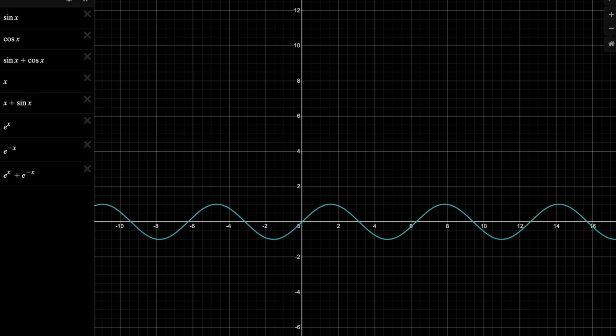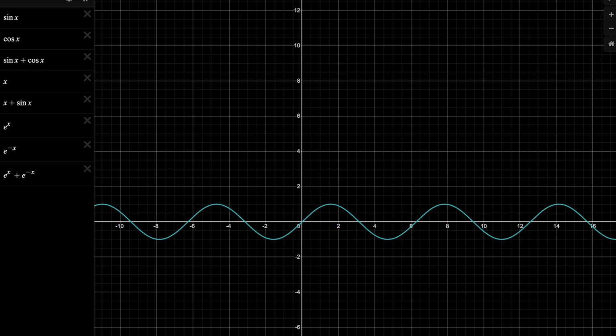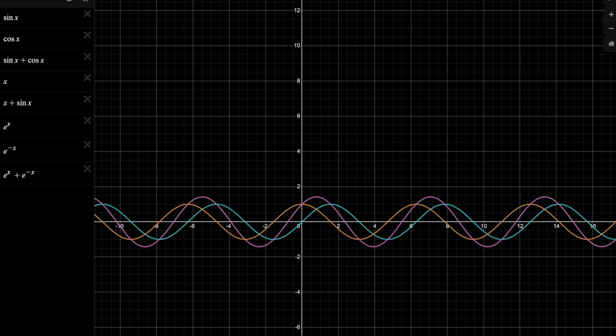And we take another function cos x. Okay, so sin x is f1, cos x is f2. So both are bounded, and we will take a linear combination of both the functions, that is sin x plus cos x. And you see that this is also bounded, the pink one, right? The blue one is the first function sin x, the orange one is the second function cos x, and the pink one is their linear combination.